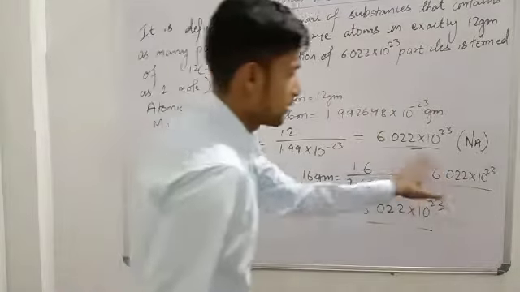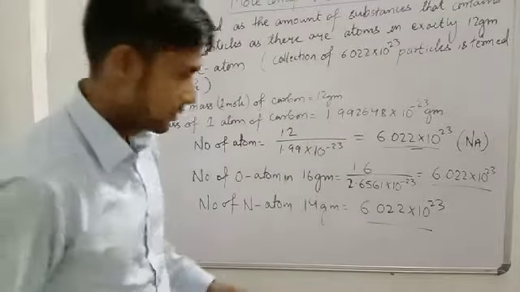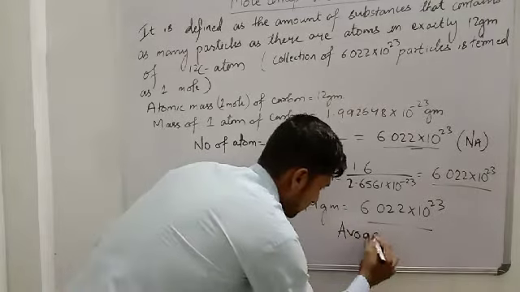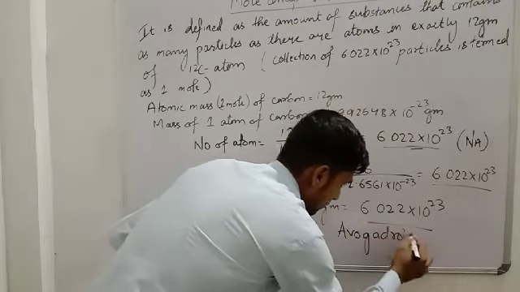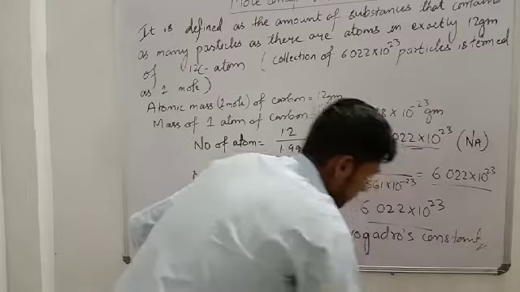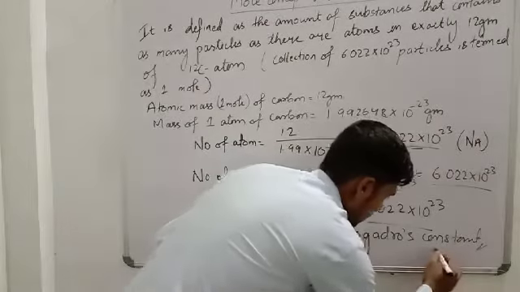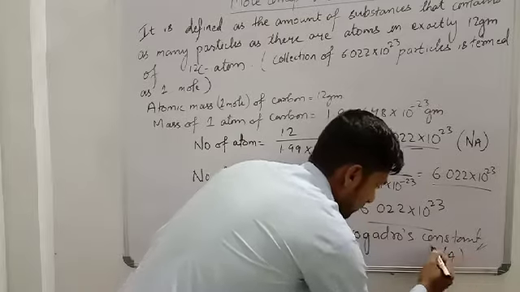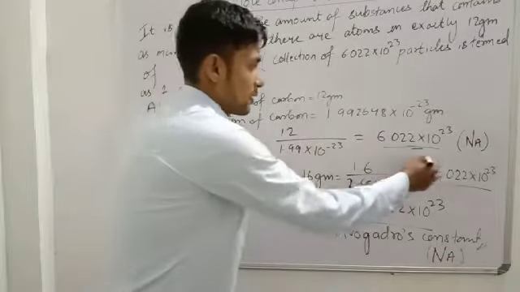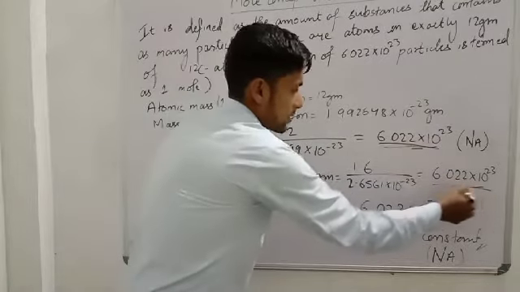So this constant number is known as Avogadro's constant, and it is denoted by N, capital N. So this number is considered as 1 mole.